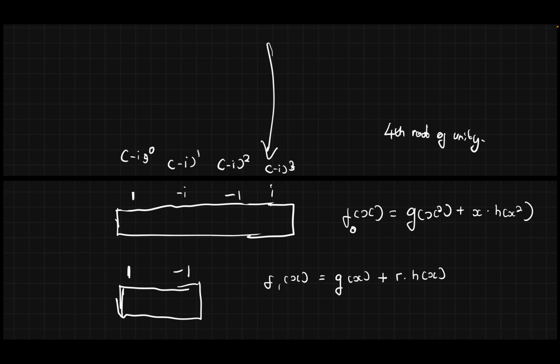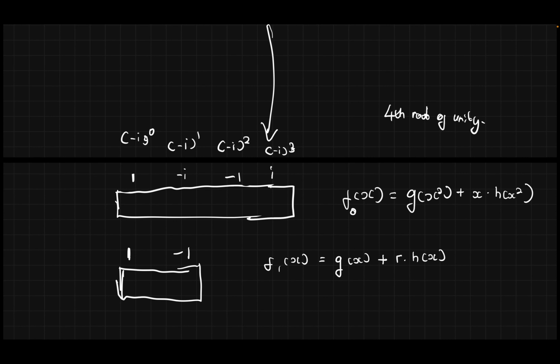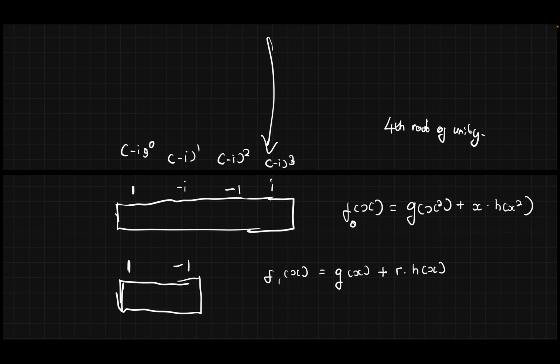Why is the x squared this time? Because the interpolated set has already been squared.